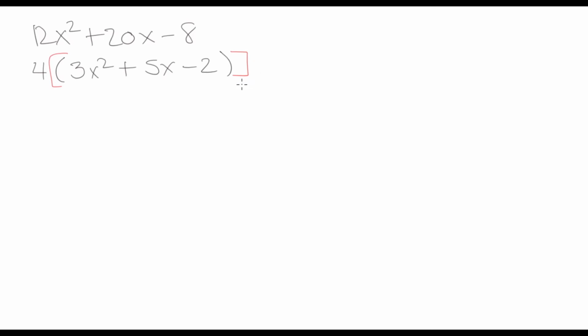If we find two numbers that when multiplied together give us -2 times 3, which is equal to -6, then we need to find those two numbers that when added together are going to give us 5. And because we know that when multiplied together we're going to get a negative number, one of the numbers is going to be positive and one negative. So they're going to have opposite signs.